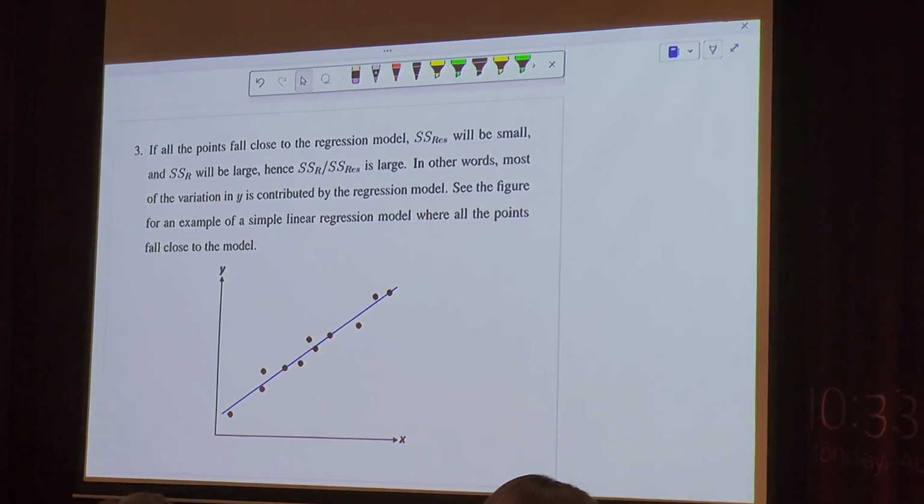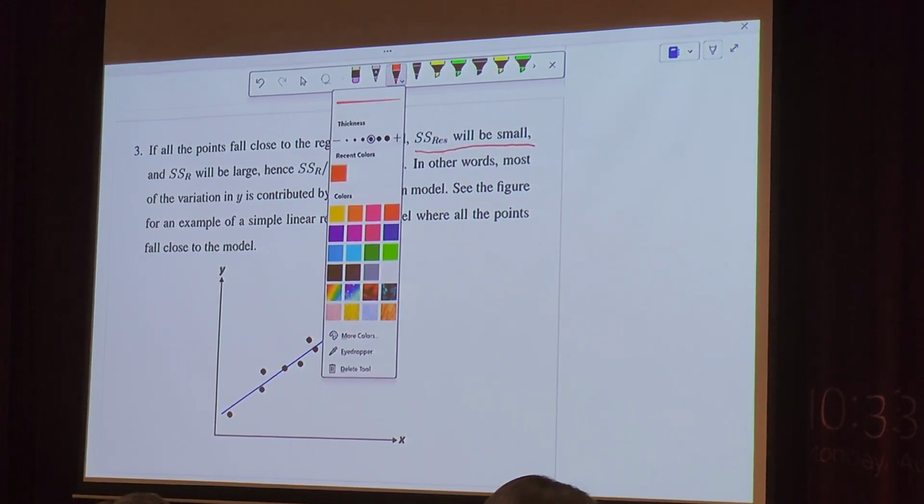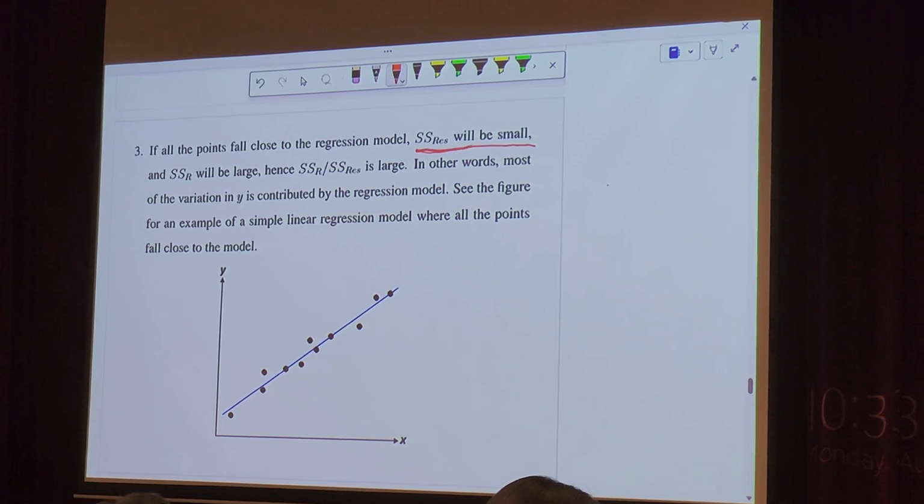So in this case, the sum of square of residue will be small. You can see that the sum of square of residue is small. So what does that mean? That means SSR has to be large. Let me write down the equation. SST is SS regression plus SS residue.